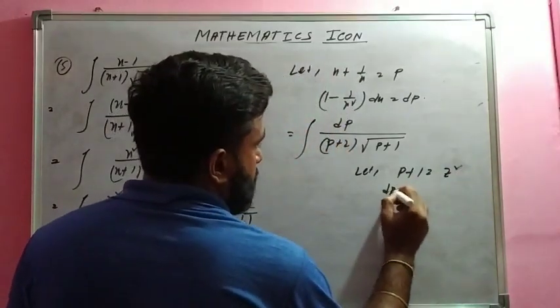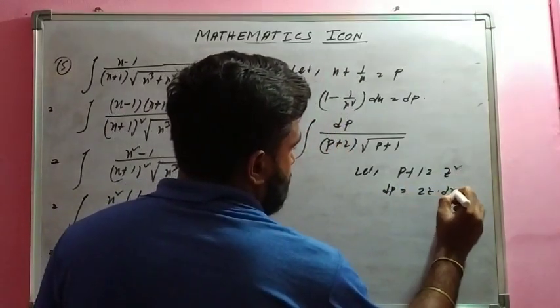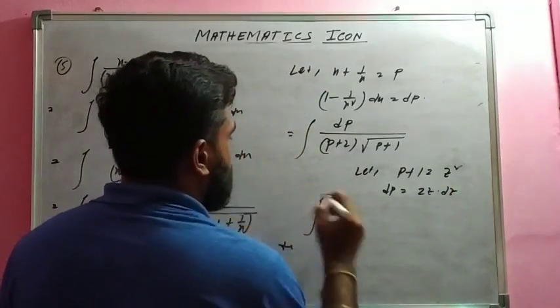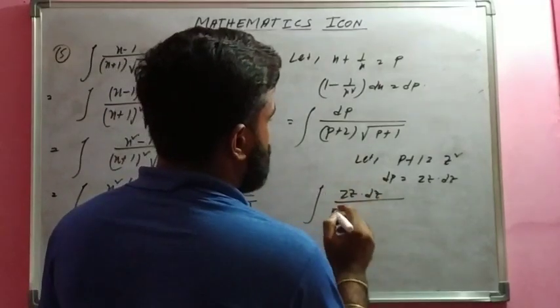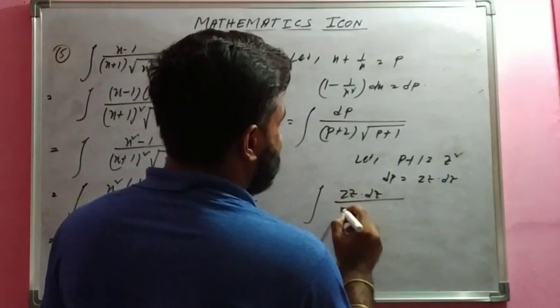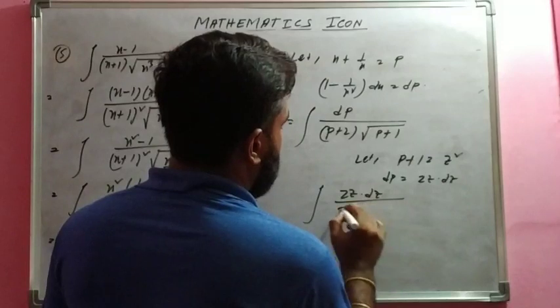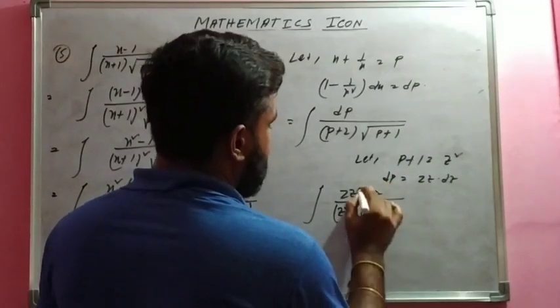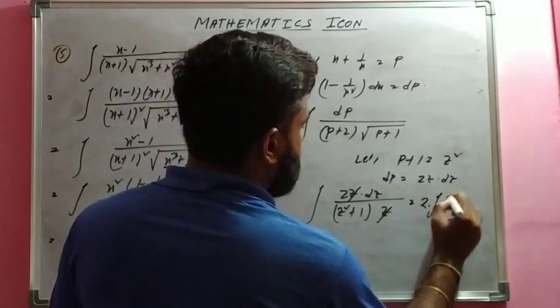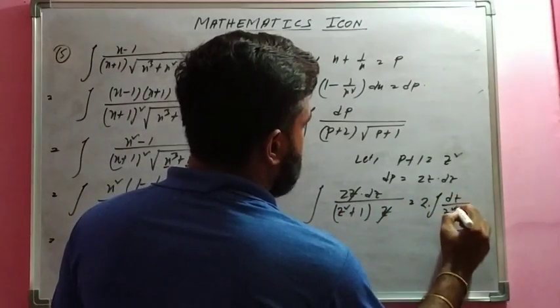So that means dp equals 2z dz. Now use it: 2z dz by p plus 2. P plus 2 means z square plus 1, and root p means z. Okay, z cancel. That means 2 will come out, dz by z square plus 1.